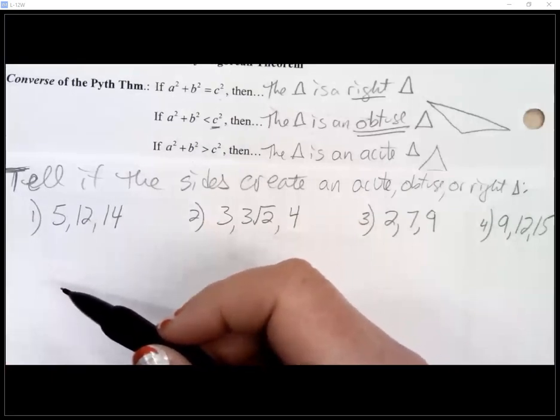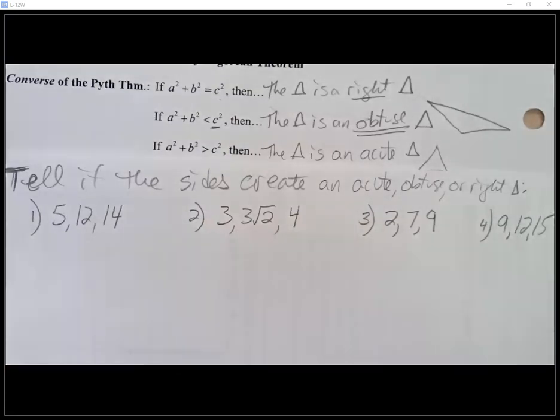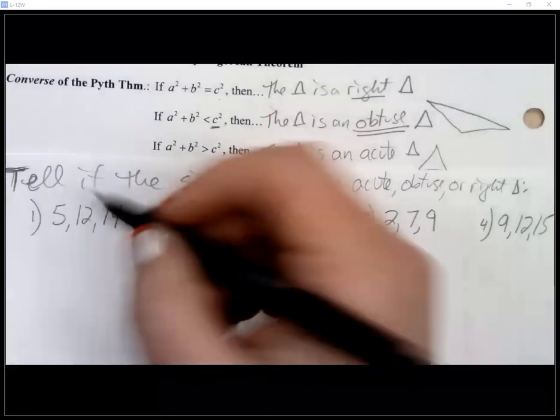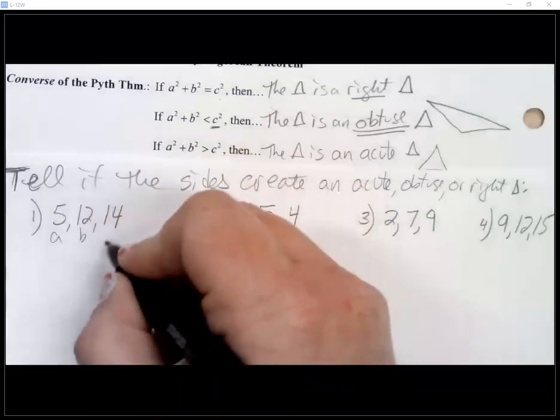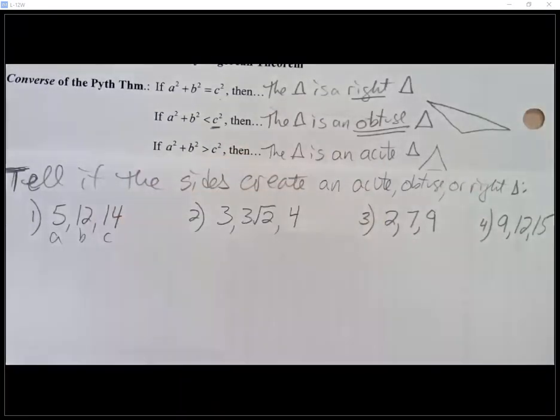C, right? C has to be the biggest. A and B don't really matter, but C has to be the biggest. In this case, sure, it can go A, B, C, because 14 is obviously the biggest of my 3. Okay, so make sure you're putting in the biggest side for C. If you're not, you're automatically going to get it wrong. Well, I shouldn't say that. You might get lucky, but it's probably going to be wrong. So anyway, C is the biggest in this case.